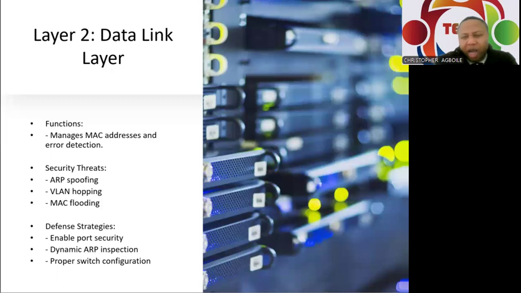We also have what we call MAC flooding. MAC flooding happens at the level of the data link. This is to overload a switch's MAC table to force it into flooding mode, thereby breaking down the security of the switch, and the attacker can have access through this fault.